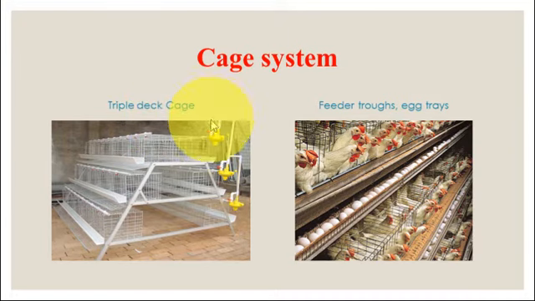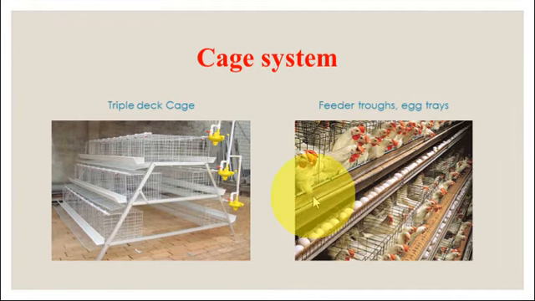Triple deck cage means it is not arranged vertically. It is arranged alternatively, so this cage is not under that cage. Like that, it is an M type cage. Here the birds are reared in the cage system.